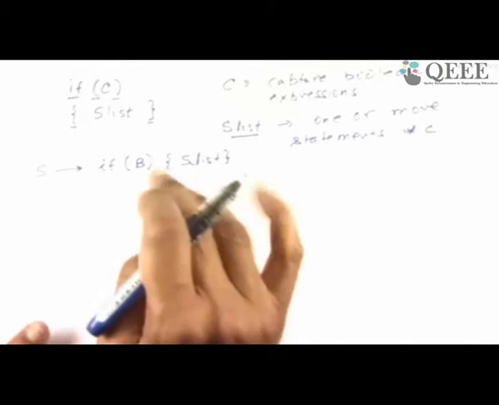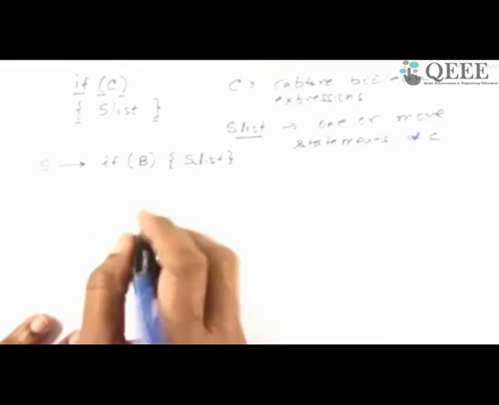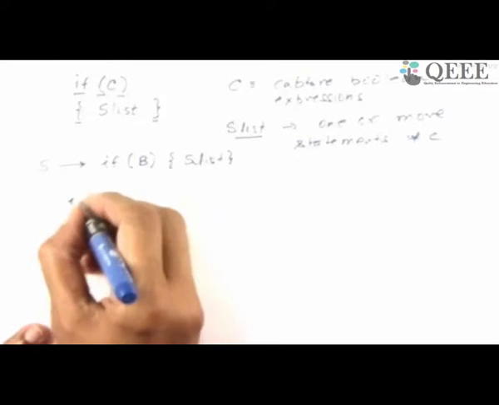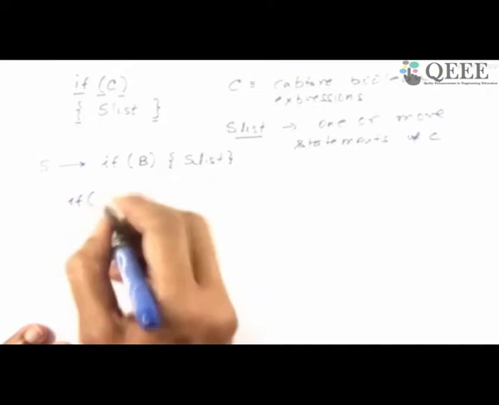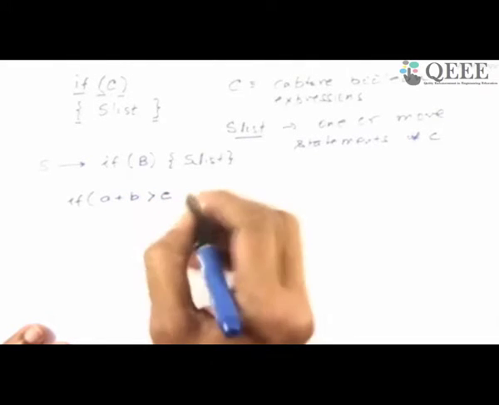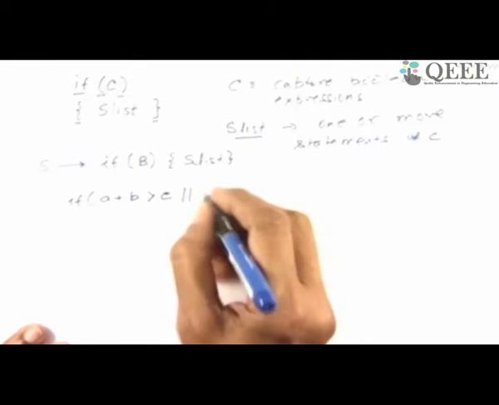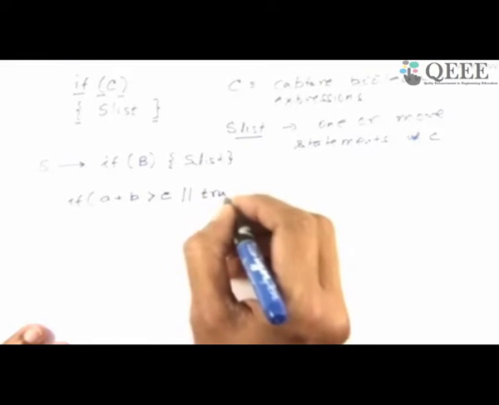Now, if I write this grammar rule, since we are doing semantic analysis, let me try and illustrate it through an example. So let me put a source code which is closer to C. Suppose somebody writes if A plus B is greater than C, or maybe true, for all I know.